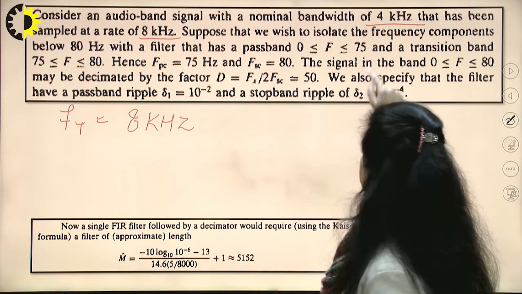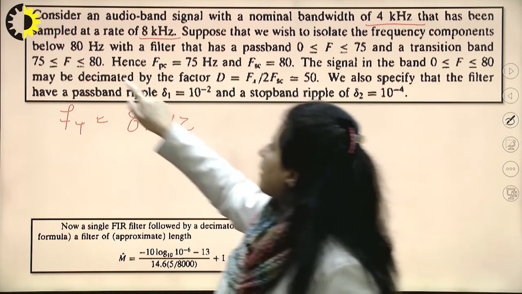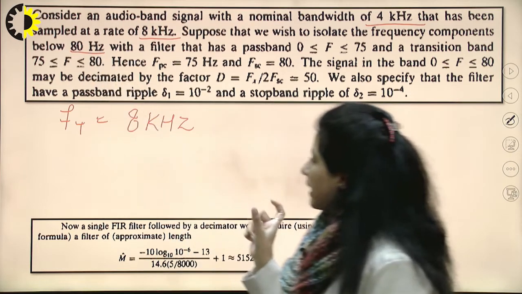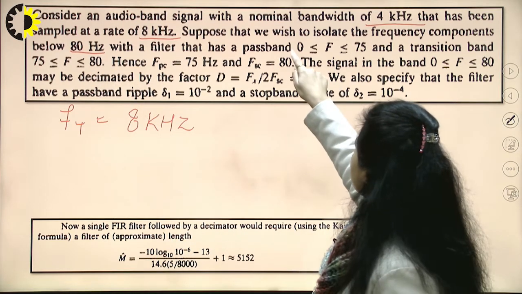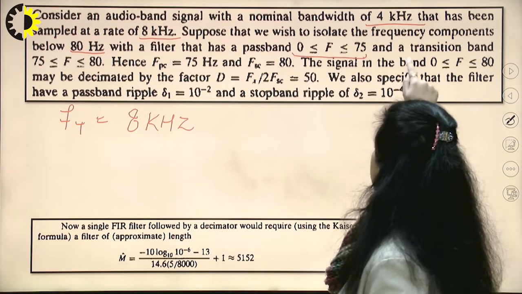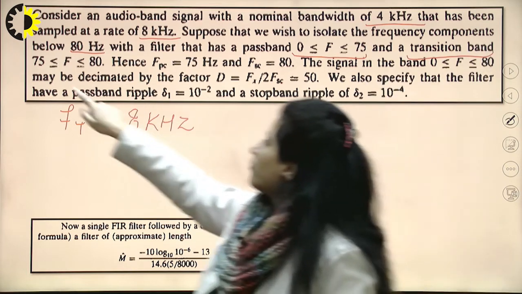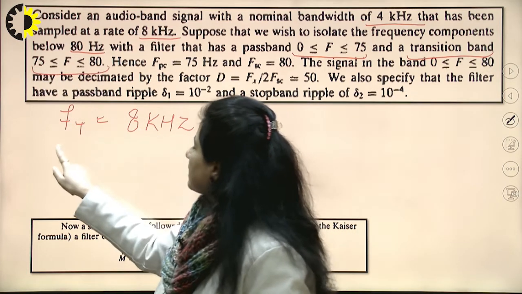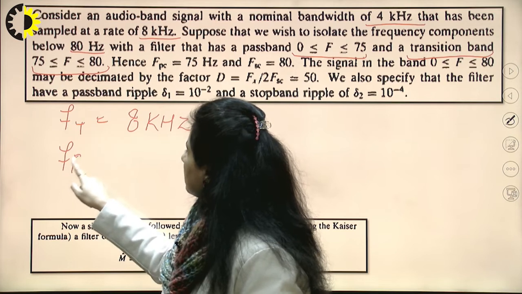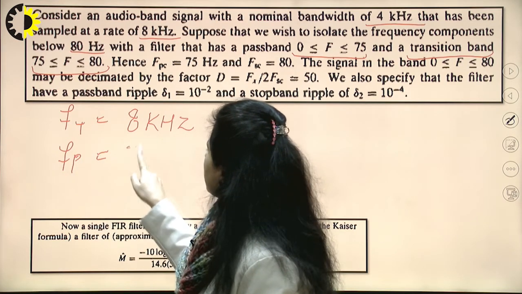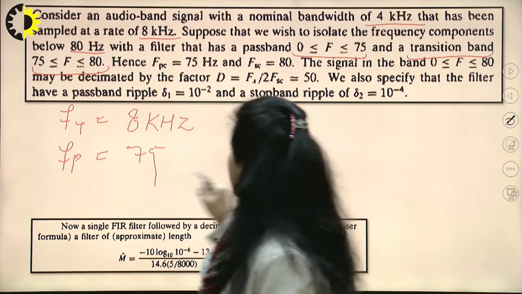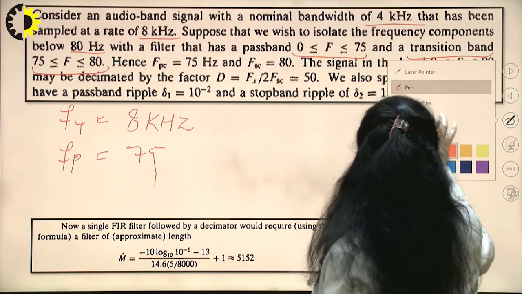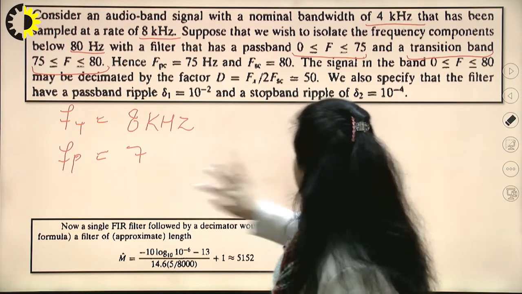Suppose we want to isolate the frequency components below 80 Hz. So we have a passband frequency 0 to 75, the transition band from 75 to 80. That means the passband edge is 75 and the stopband edge would be at 80.